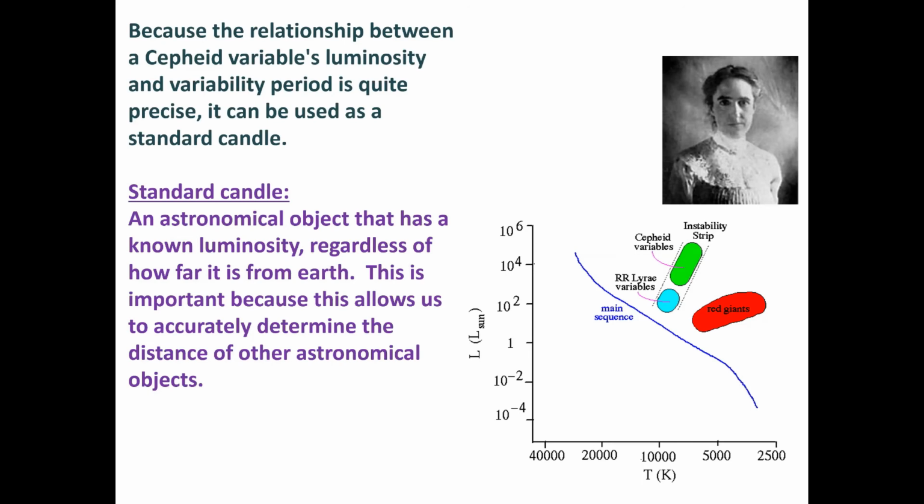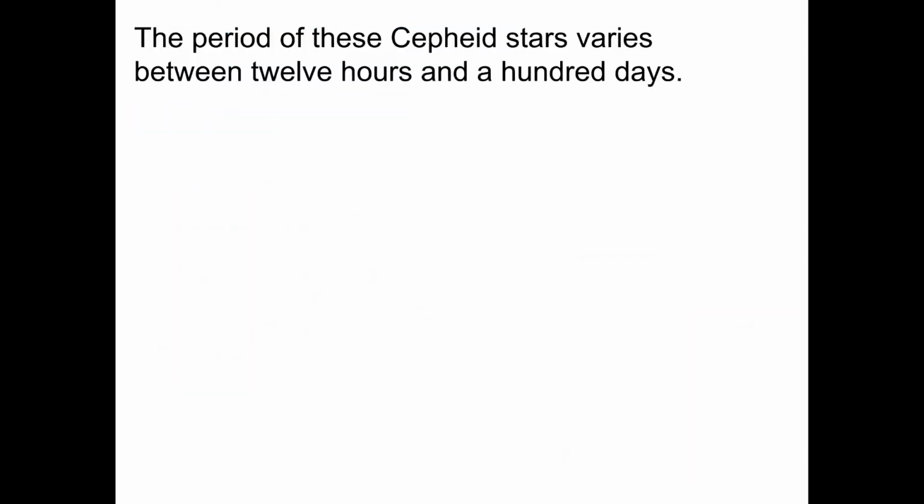Okay, I know its luminosity regardless of how far it is from the Earth. Somehow, through some other means, in this case with Cepheid variables, because of the periodicity of how it's brightening and dimming, I know how luminous it is at its surface. Okay, and if you know that, you're going to see here in the next slide, that's huge because it allows us to then determine the distance to it. And so let's just go right at it.